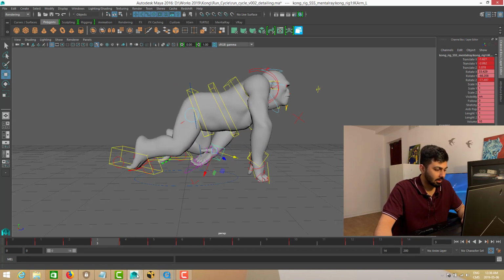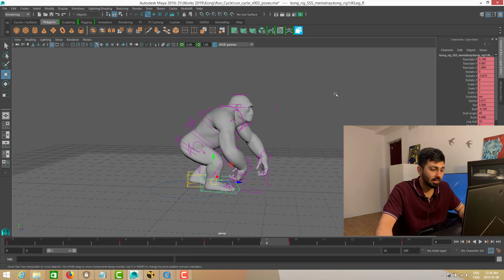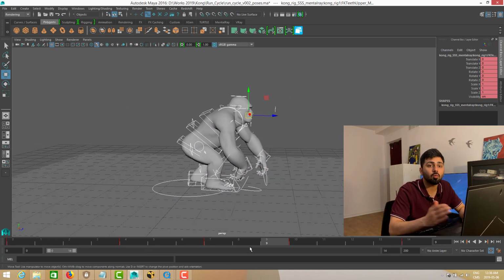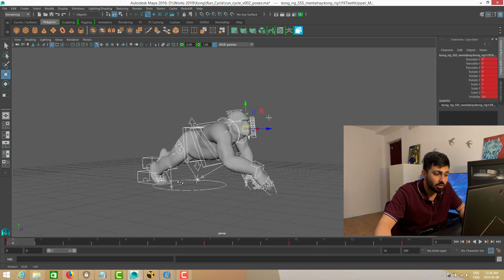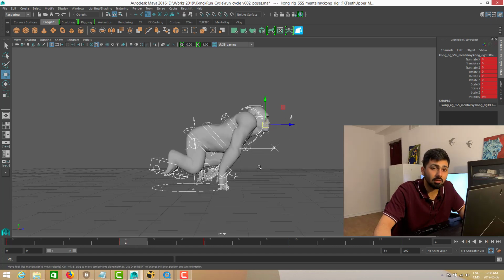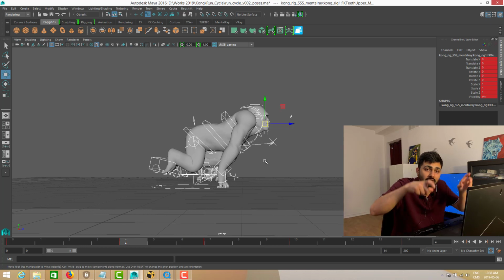And I will show you my old file in which I only made poses. So this is my old file. In this file I started working. First I only made these 4 poses which I just told you about. On frame 0 you can see the gorilla is completely stretched, and on frame 4 he has already pushed himself forward, and he's trying to bring his legs closer by using his hands.